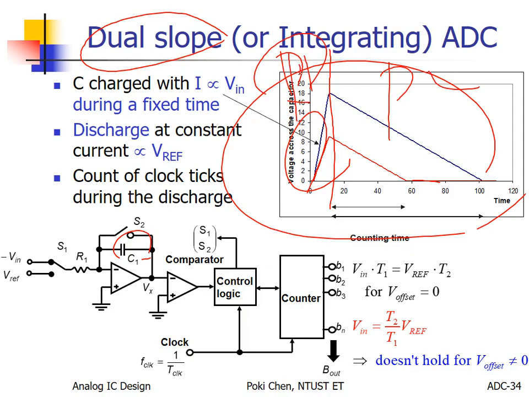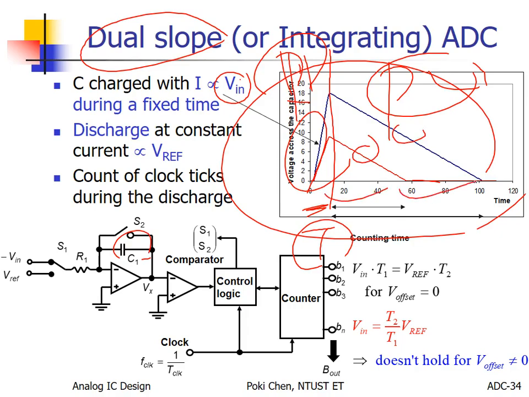For phase 1, the time for charging is fixed, but the current is not. The current depends on your input. Okay, and for the next phase, on the contrary, what is fixed? The current is fixed, but the time is not.